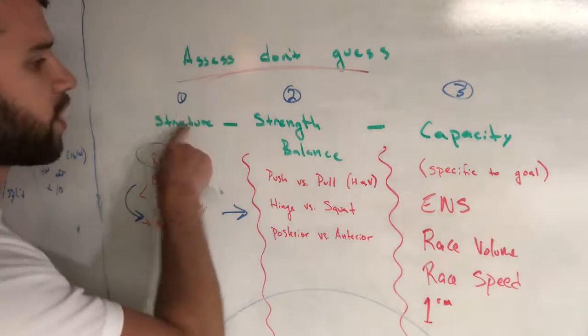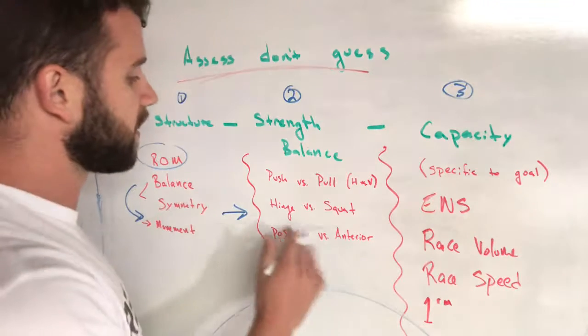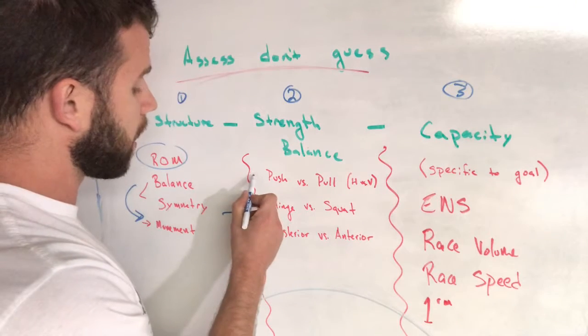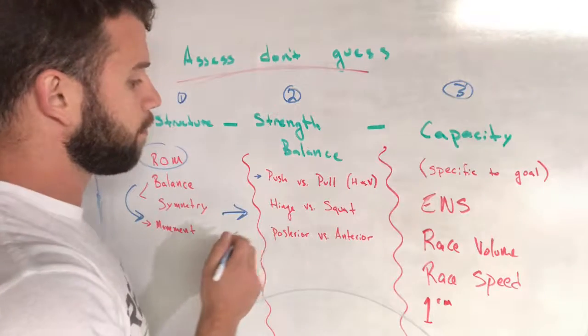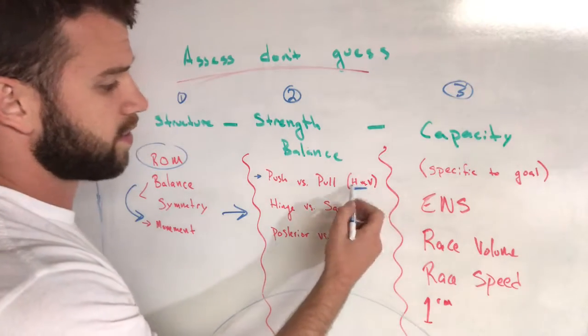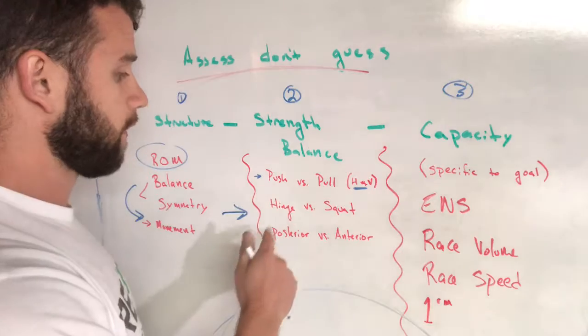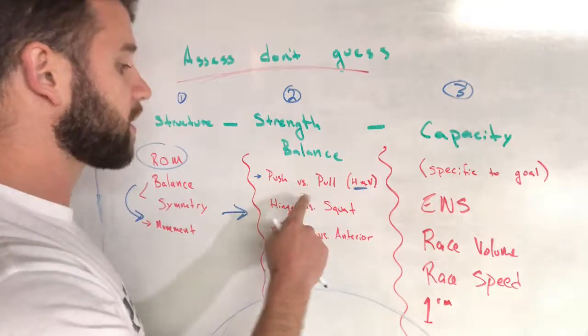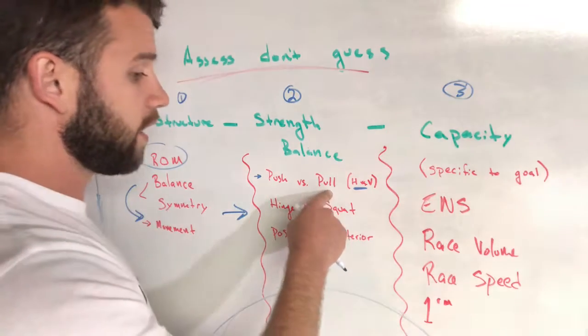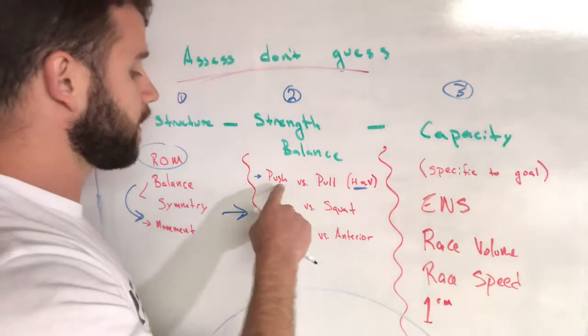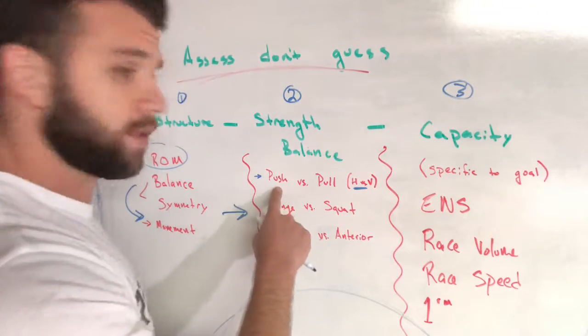So this is structural stuff. Next is strength balance. What does this look like? This looks like balance in push and pull. I have H and V here, so that's horizontal and vertical. Push and pull ratios are good. A good example of this might be an inverted bodyweight row versus a push-up.